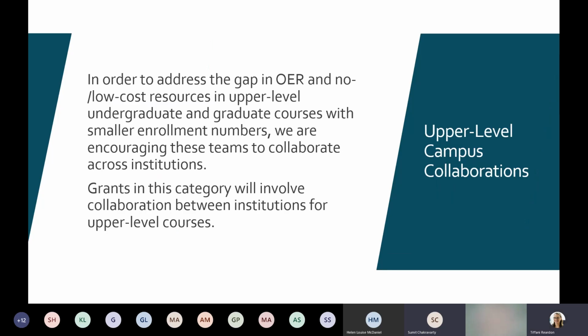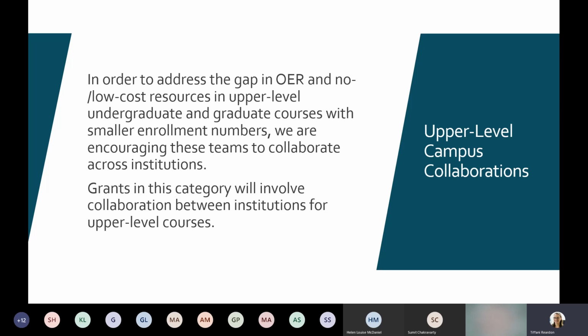Okay, so the last priority category is upper level campus collaborations. This was also on previous rounds. It is meant to address the gap in OER and no or low cost resources for upper level undergraduate and graduate courses. Grad courses are considered upper level campus collaboration as well.